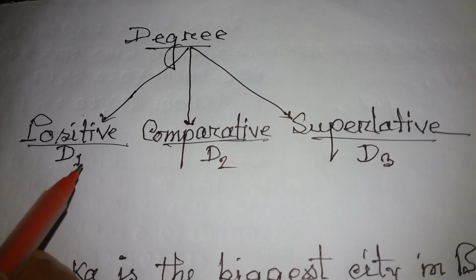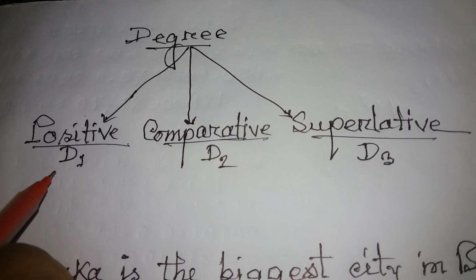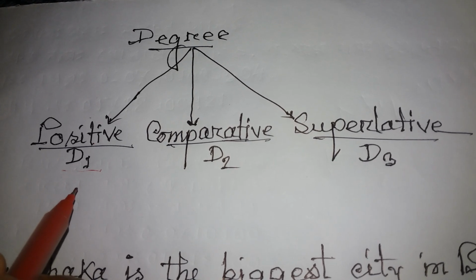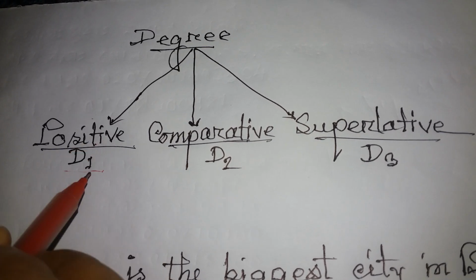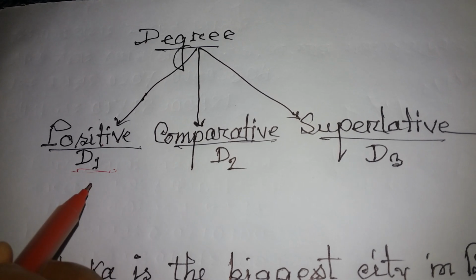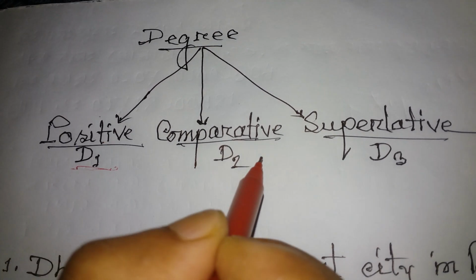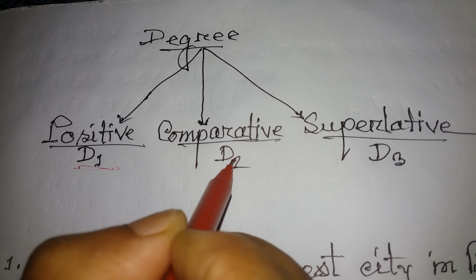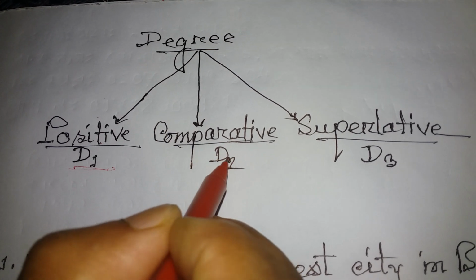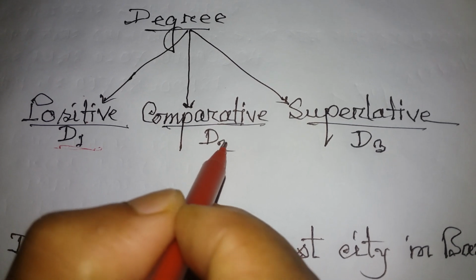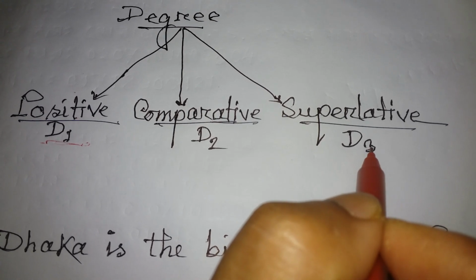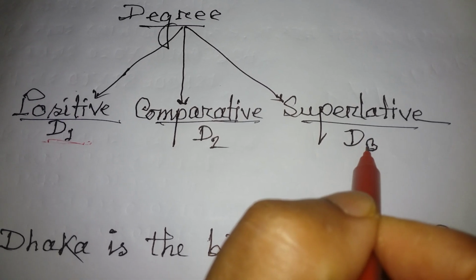The symbol of positive degree is D1, that means degree number 1. D2 is used as a symbol of comparative degree, that means degree number 2. And D3 is used as the symbol of superlative degree.